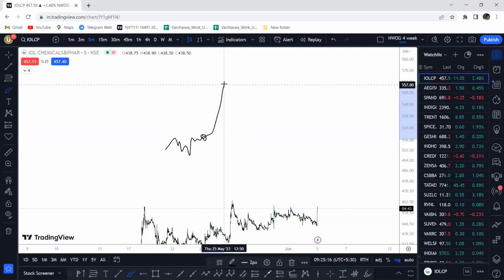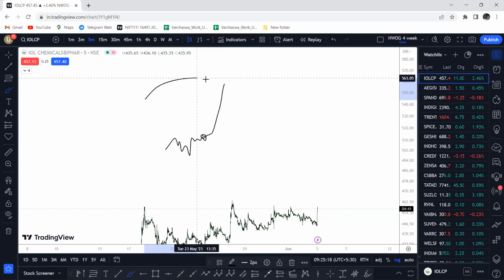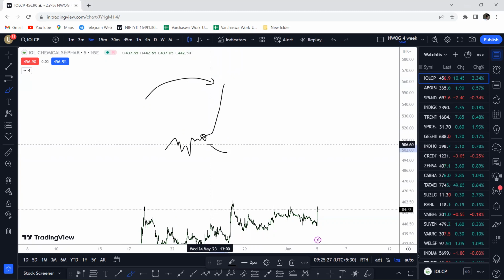Once the moves are done, then these stocks will appear in the news, and everybody else gets to know about it. However, your job is to identify them when this pattern is creating in the particular chart.